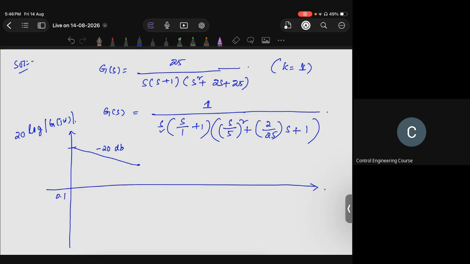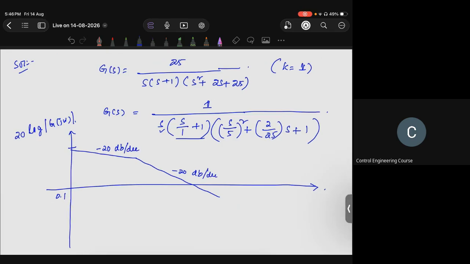Let me draw it again. Something like this, first part. Second, this is again another pole, so that pole also will create another minus 20 dB per decade.